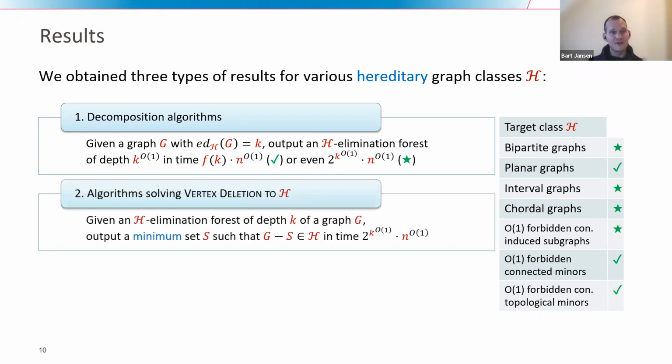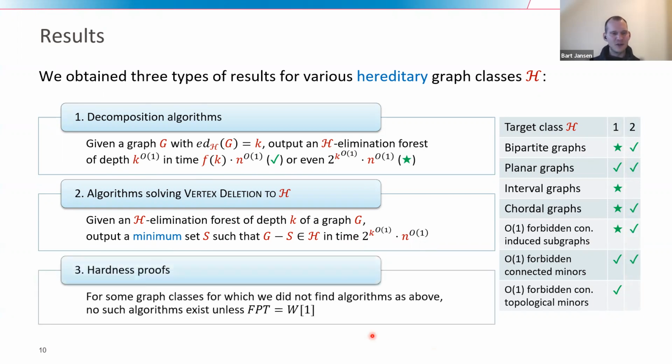Then what we were really after was solving the vertex deletion problem. So we also show that once you have an elimination forest that encodes the elimination sequence, you can use it to optimally solve the vertex deletion problem to H. And to do this in time, again, that is polynomial in the dependence on the parameter in the exponent. This works for almost all classes for which our decomposition algorithms work, but not quite all of them.